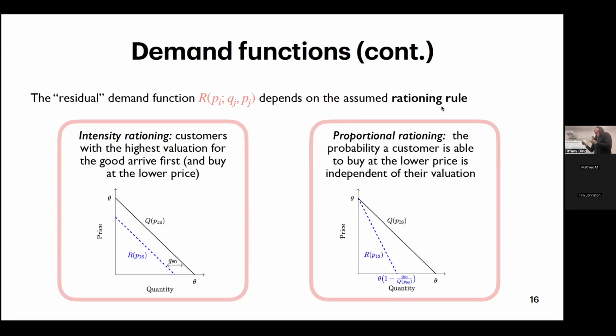So in that case, the customers with the highest willingness to pay are the ones who buy it first. I think for a lot of products though, it probably falls into the bin of proportional rationing, where let's say with toilet paper, the time you buy toilet paper is just the time you run out, and that's random. So there's not any ordering to how the customers arrive. Yeah.